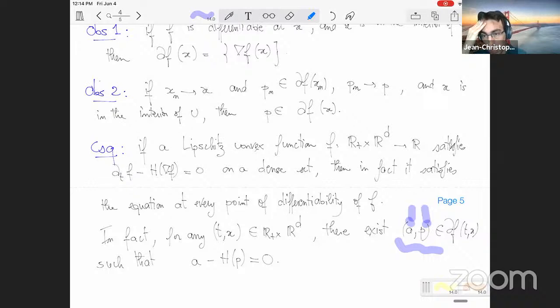And you can imagine what this means, right? To be in the subdifferential, when we do the expansion around the point, we will write a times a small time increment s plus p scalar product a small space increment y. And that's what this means. And so a in some sense plays the role of the time derivative, and p plays the role of the space derivative. And that's why writing this makes sense.